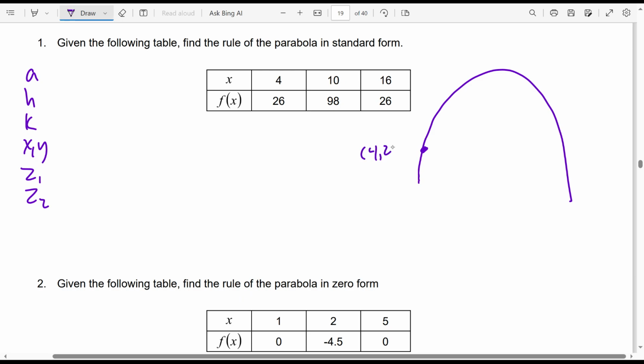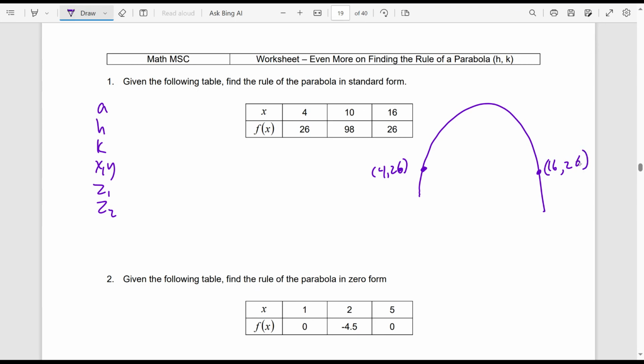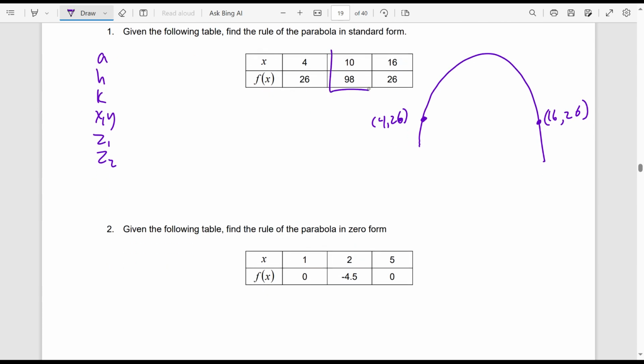So 4 and 26, 16 and 26. I'm not going to fill in the last one. Think about where it would be drawn on that diagram. Approximately the top. It'd be in the middle.